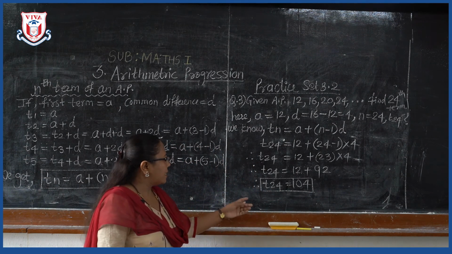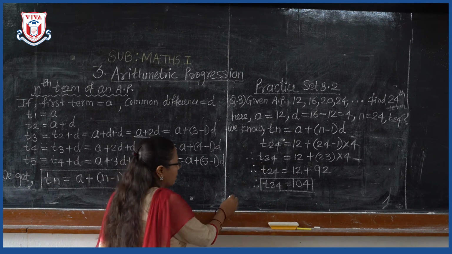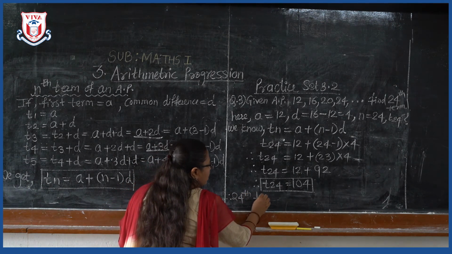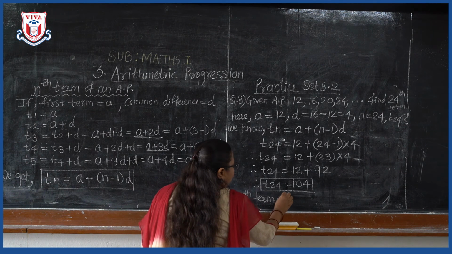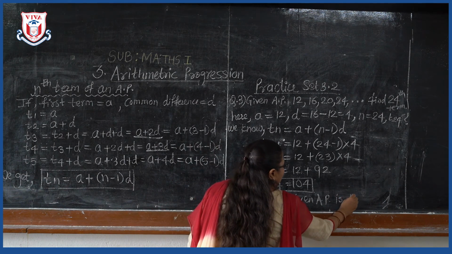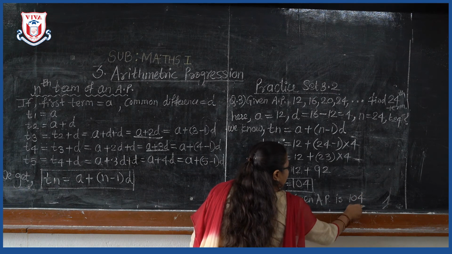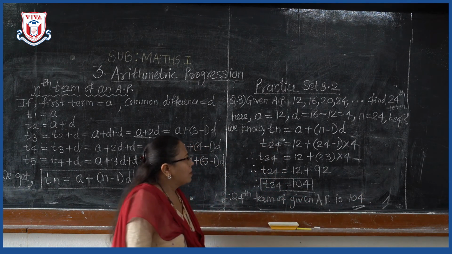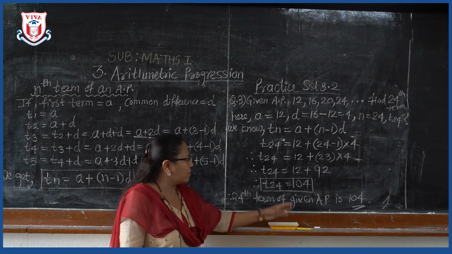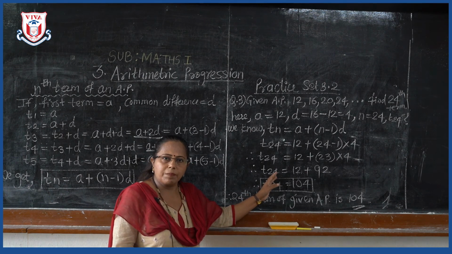And then we have to write the answer. Therefore the 24th term of the given AP is 104. So this way we can apply the nth term formula to find the term of the given AP. Followed?